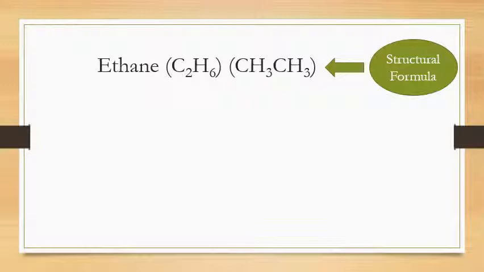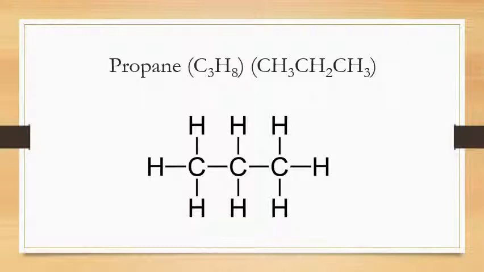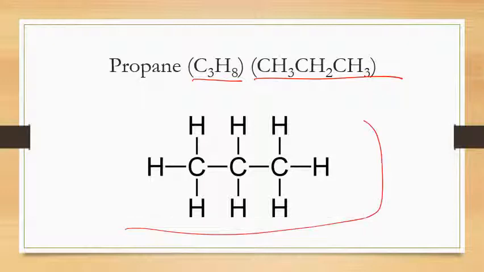So that's another type of formula that you have to get used to. And that is the displayed formula of ethane. The next alkane in the homologous series is propane, which has the following molecular formula, the following structural formula, and the following displayed formula.